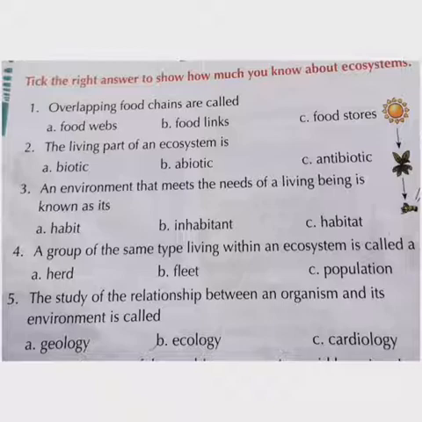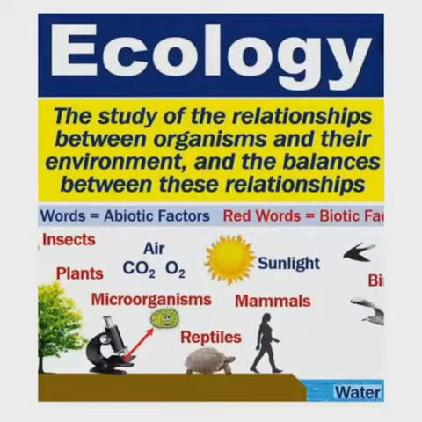The study of the relationship between an organism and its environment is called dash, geology, ecology or cardiology. Okay, the study of the relationship between organism and its environment. That means it's a branch of biology that deals with the interrelationship amongst the organisms and the interactions between organisms and their environment.